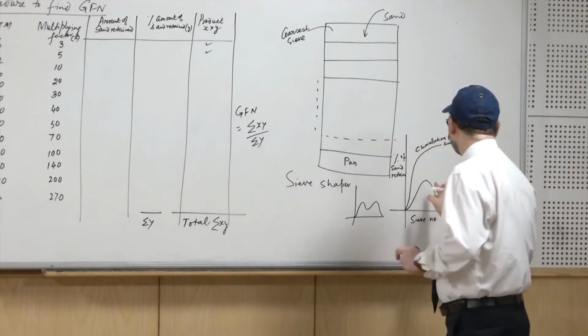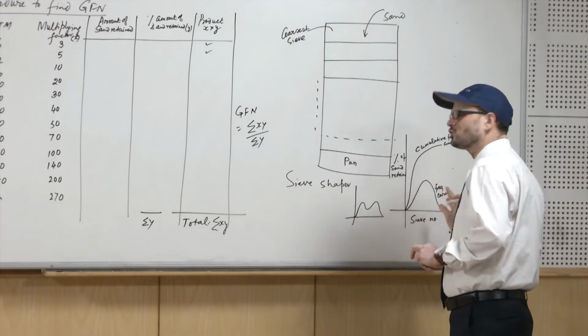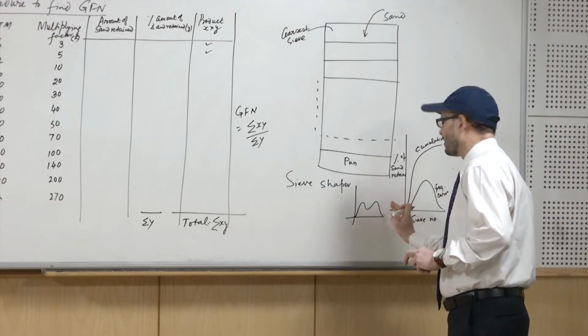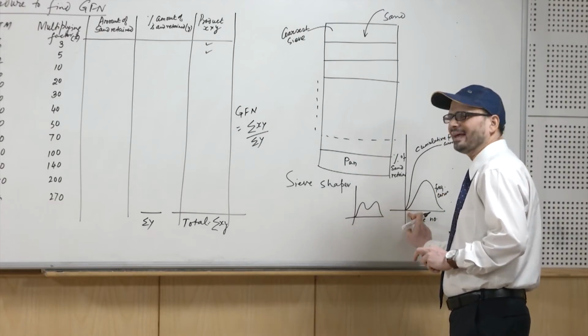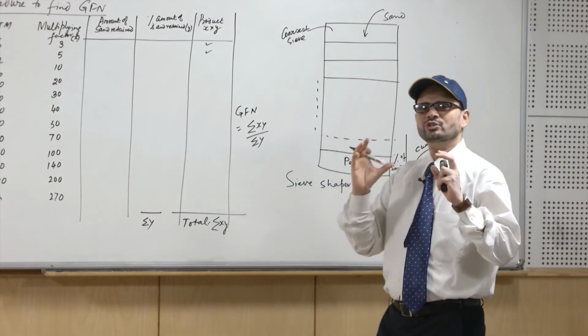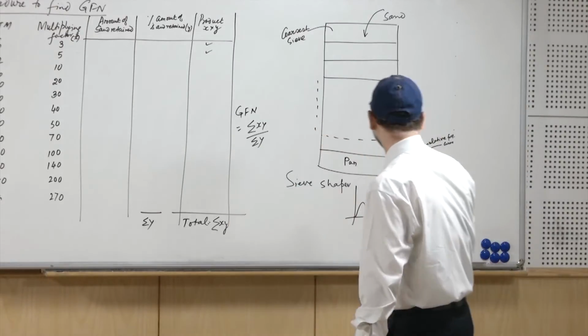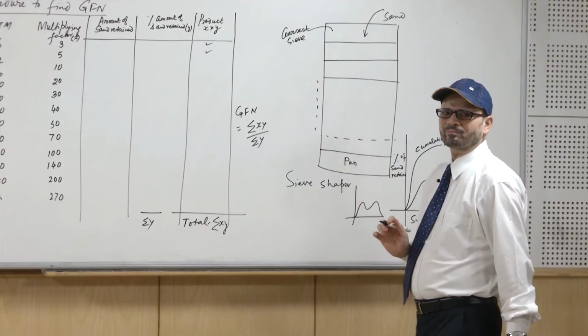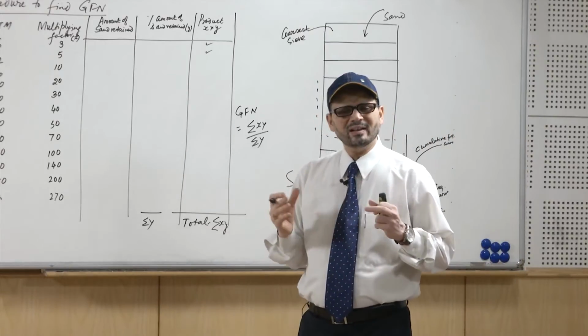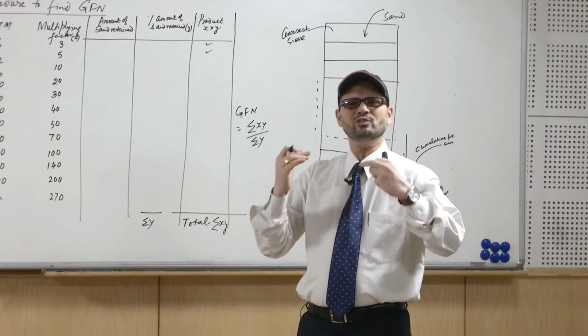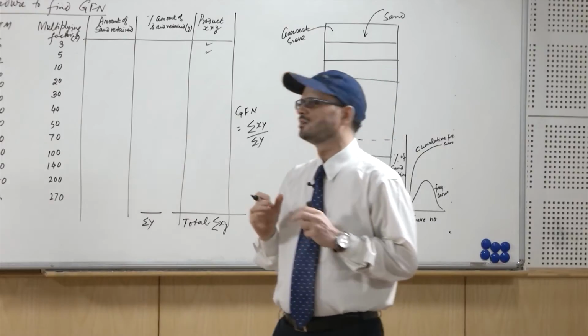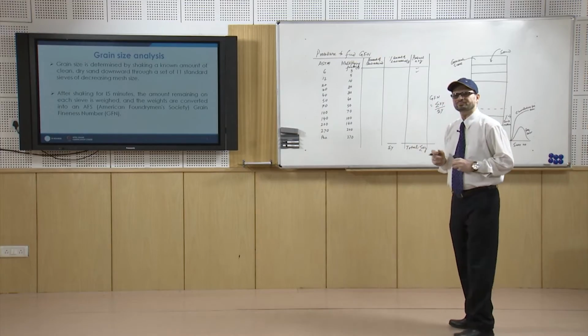It should not be either towards this end or that end too much. If it is towards this end, where the sieve number is less, it means there are coarse grains, and if it is towards this side, then it will be quite fine, and in both cases they are not going to give you the optimum properties.